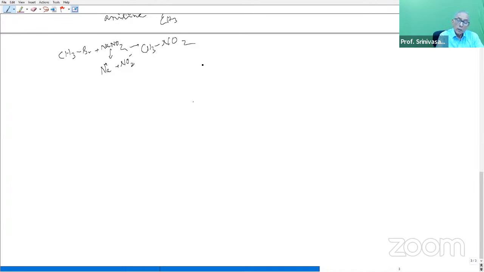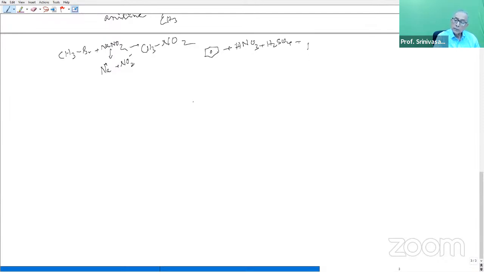The aromatic nitro compounds are obtained by reacting benzene with a mixture of nitric acid and sulfuric acid, both concentrated nitric acid and sulfuric acid.